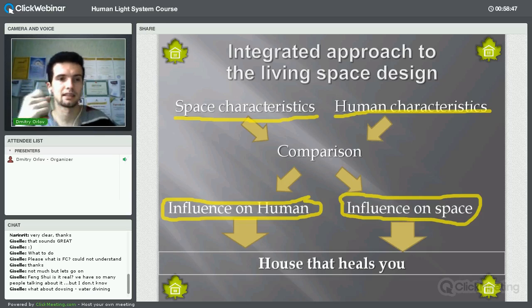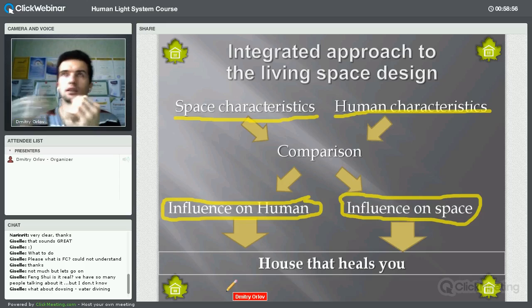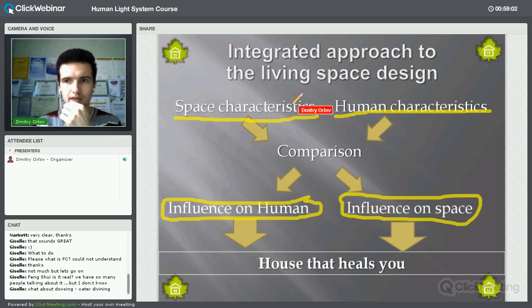About dowsing, as I said, this is biolocation. The main problem with biolocation and dowsing is that when you apply dowsing, you have to trust the person that is dowsing, the dowser. If you fully trust the person, then it's okay, because there is no verification. You cannot really verify the results that the dowser gives you. So it's very specialist dependent.